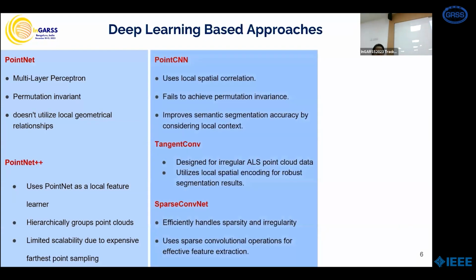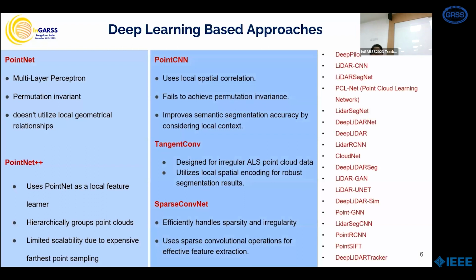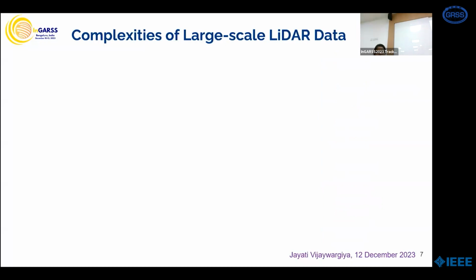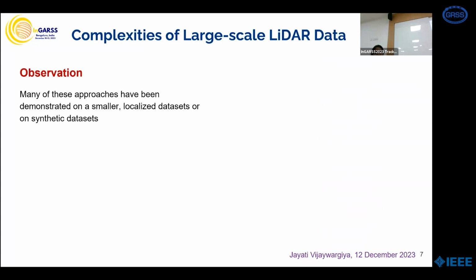PointNet++, and convolution-based architectures like PointCNN, Tangent Convolutions, Sparse PointNet, and others are being generated every day. But large-scale point cloud data comes with its own complexities. It has been observed that many of these approaches are demonstrated on smaller or localized datasets or synthetic datasets.